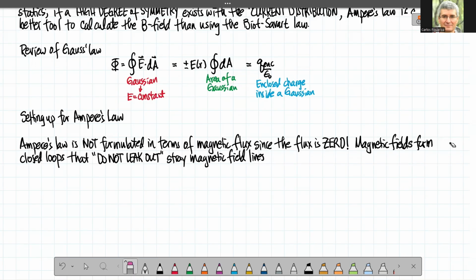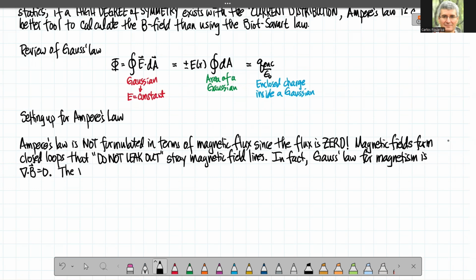Okay. And because of this, we could say that, in fact, Gauss's law for magnetism is del dot B is equal to zero. And that immediately tells you that the flux is zero.